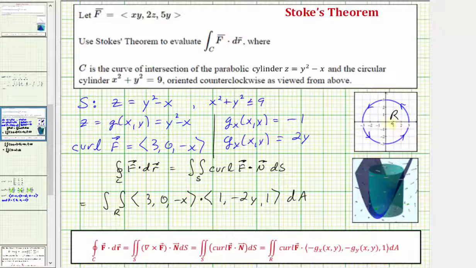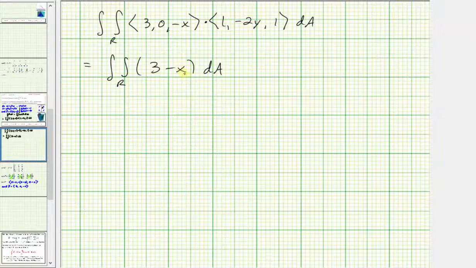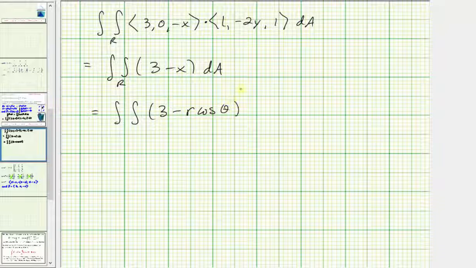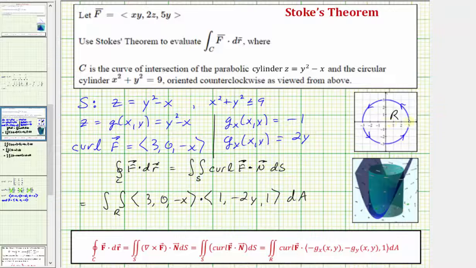So because this region is a circle, let's use polar coordinates to evaluate the double integral. Remember, x equals r cosine theta. So we'll have the double integral over the region R of 3 minus r cosine theta. And then differential a is equal to r dr d theta. And then the limits of integration for r will be from 0 to 3, and for theta they'll be from 0 to 2 pi.